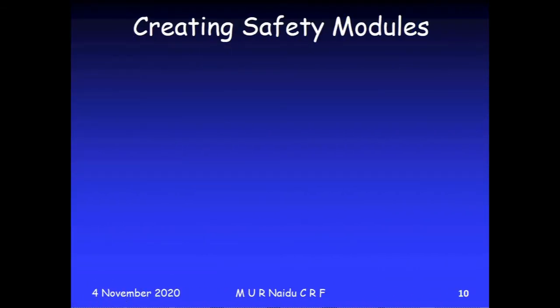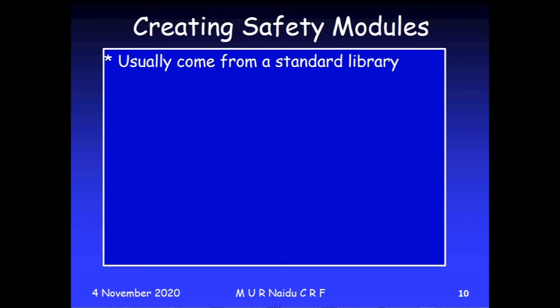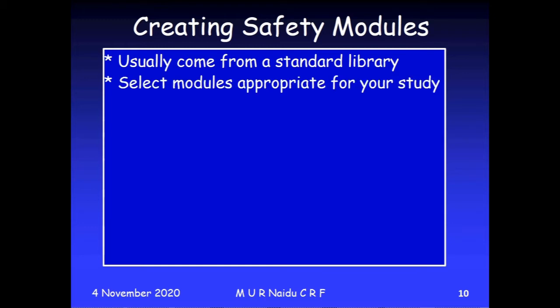Creating the safety module. It is very important in any clinical trial, and hence it is also very important to be properly done in the case record form. Usually it comes from the standard library. You have to go into the literature and find out what safety issues are normally recorded in any clinical trial and which are relevant to your study, and include them in your case record form.